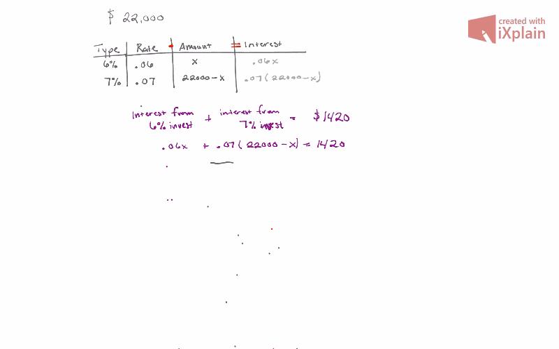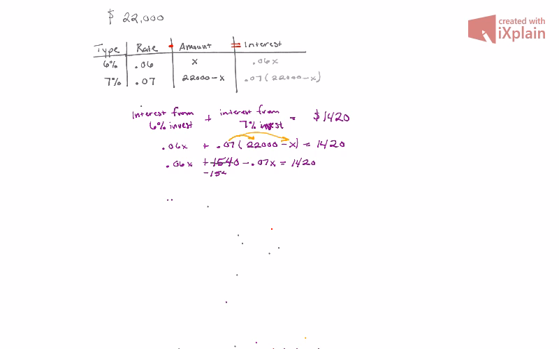Okay. From here, it's just going to become your basic solution here. So we're going to go ahead and hit this with our distributive property. So this is going to give us 0.06x plus 1,540 minus 7 hundredths x is equal to 1,420.